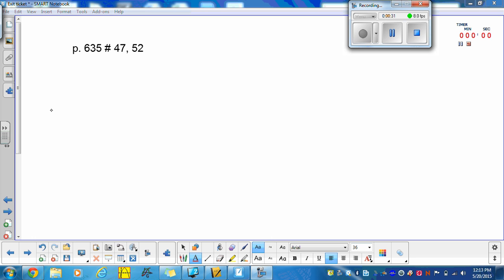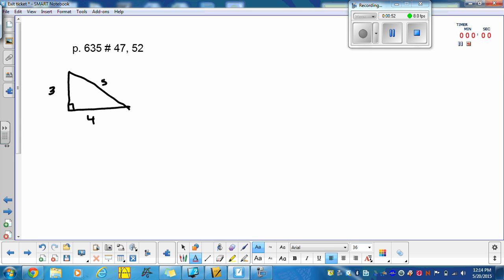In problem 47, it says theta over 2. And so the triangle that we're going to use is the one right above it. That triangle is a right triangle, and it shows that we have a 3, 4, 5.